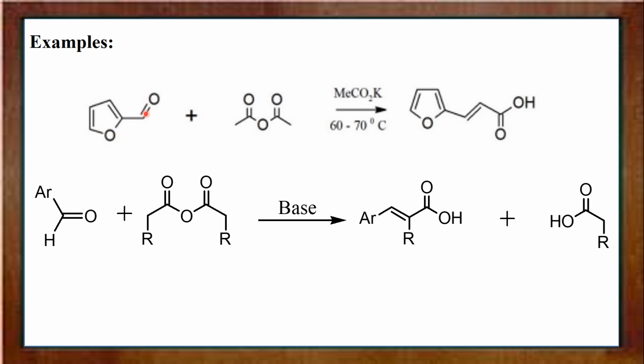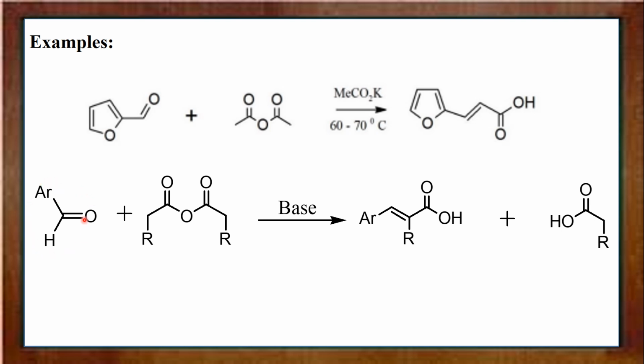The aldehyde part, the carbonyl group, is now made into a carbon olefinic double bond which is connected to a carboxyl group. So the aldehyde group is replaced by an alpha beta unsaturated acid group. Here is another example.